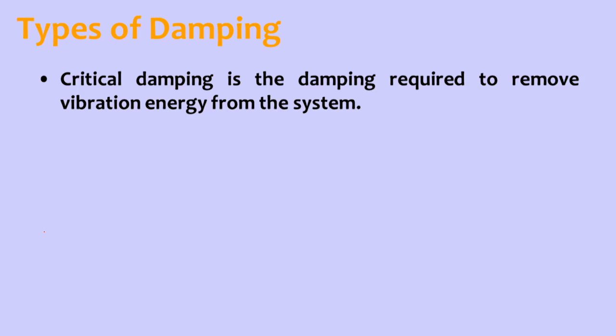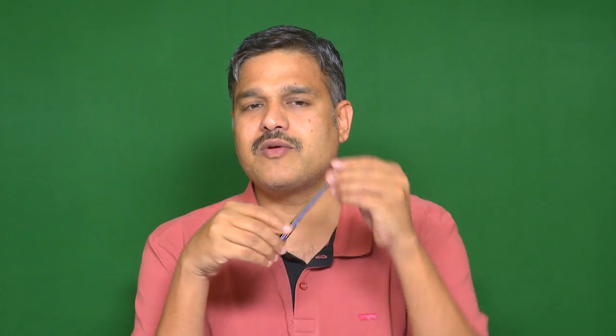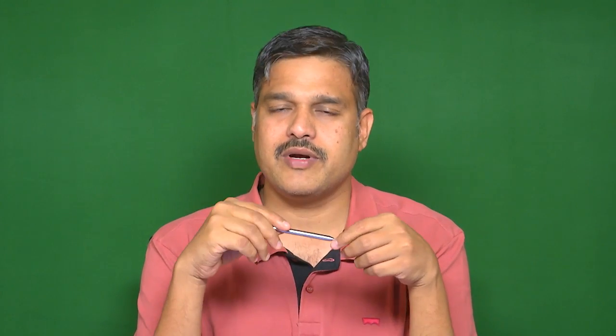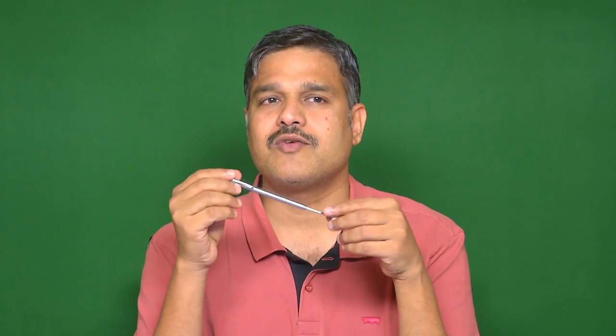So, what are the types of damping? Damping generally is of three types. One is the damping required to stop the motion, which we call critical damping. Another we call under critical damping, if damping is less than that required to remove the complete energy from the system.